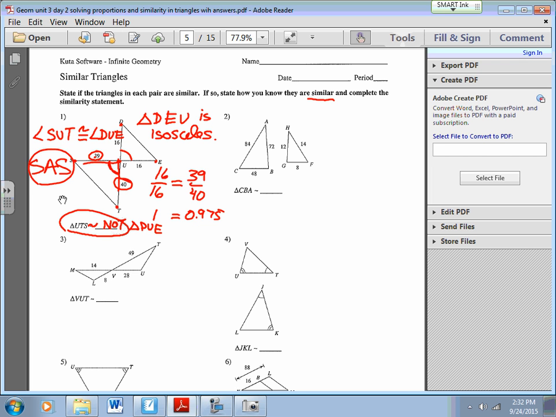Okay. Did anybody notice anything in there in the pictures? Any angle measurements? Do you think there's vertical angles in this picture?